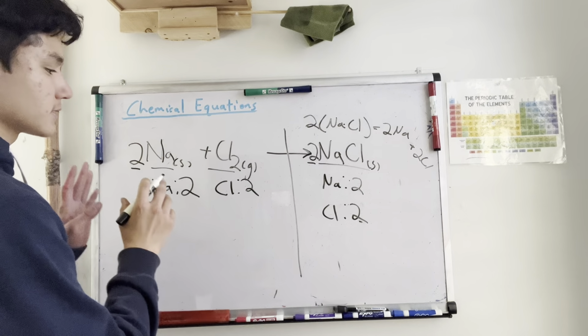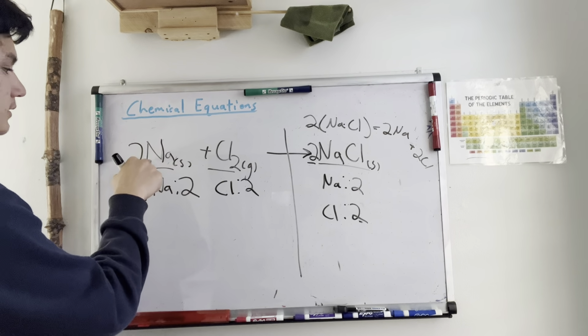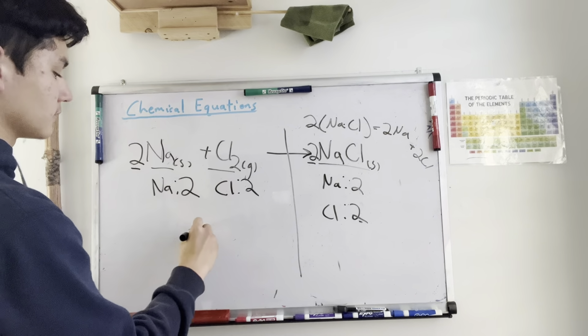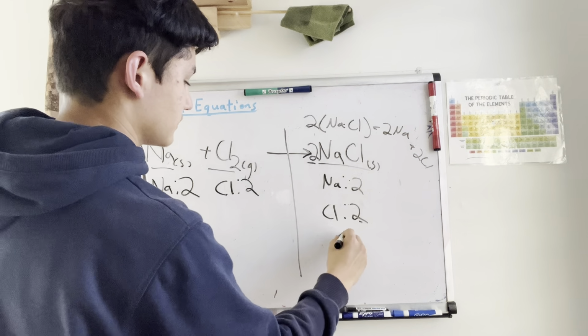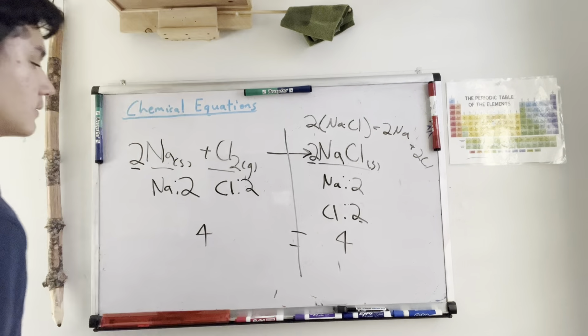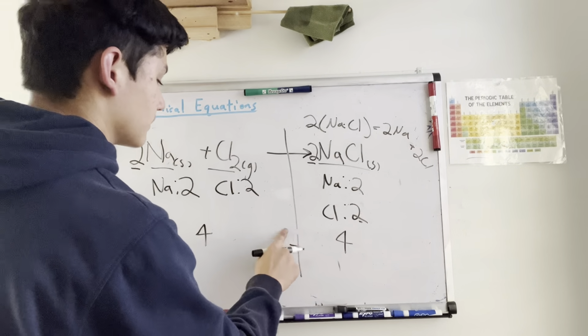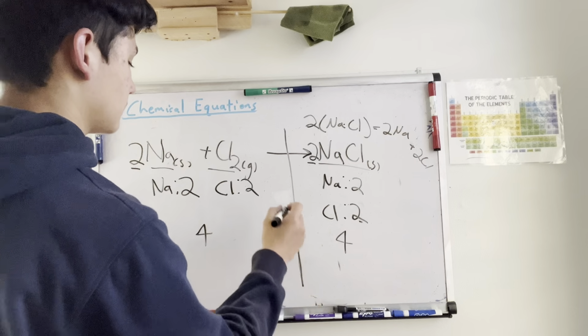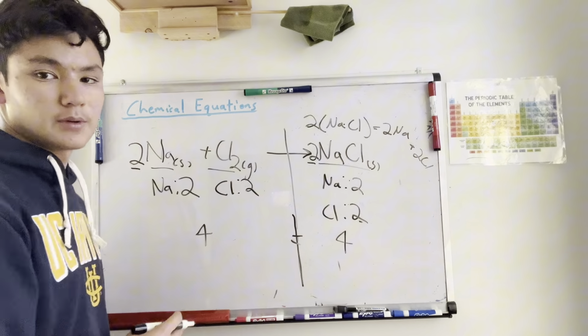So we have equal mass going in and equal mass going out. Or in this case, we could say 1, 2, 3, 4 molecules is 1, 2, 3, 4 molecules here too. So we can say the number of atoms on each side is equal. Now this does not apply for every case, but it's just a nice way to model it.